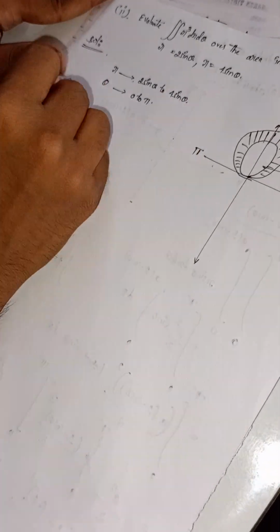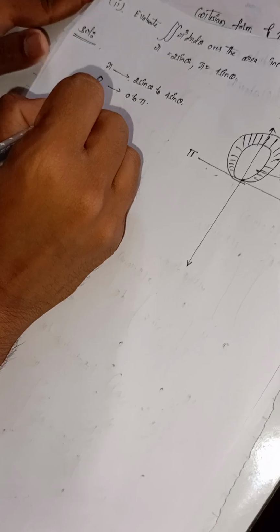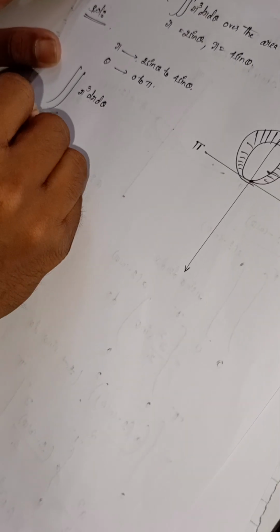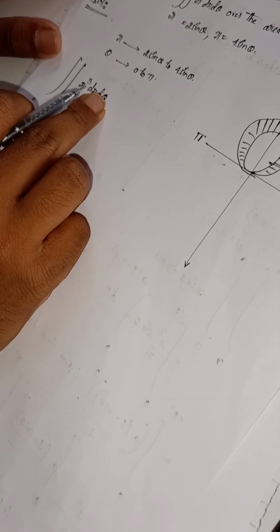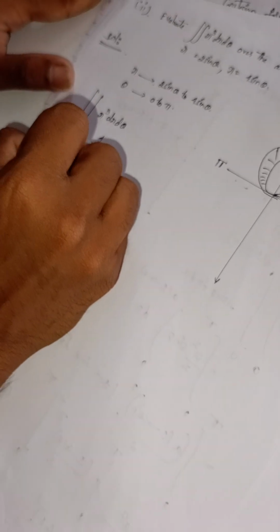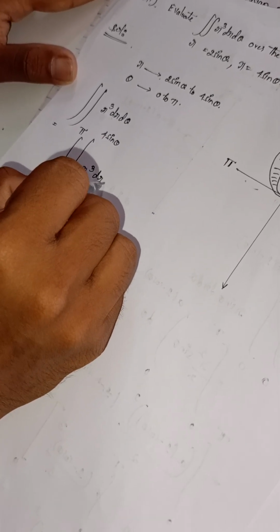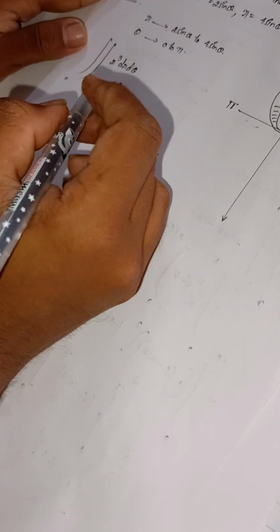Now the double integral of r cube dr d theta is simply the integral from 0 to pi, which are the limits of theta, and next 2 sin theta to 4 sin theta, which are the limits of r, of r cube dr d theta.